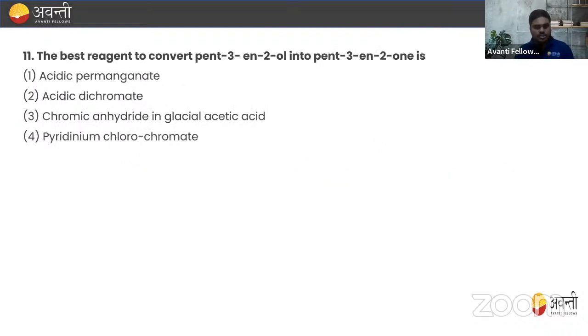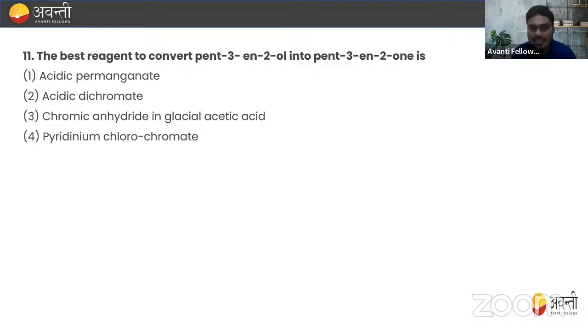Chalo. So the next question: the best reagent to convert pent-3-en-2-ol into pent-3-en-2-one is. Whenever such questions come, always try to identify the groups, that is, which group you have to go to from which group.